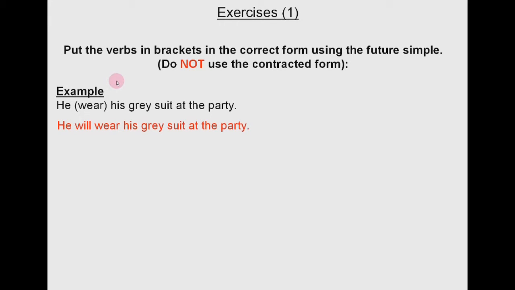Okay? So there are two questions. Question 1. So I'll just give you a few seconds to think of the answer. Okay, so I'm going to give you the answer now. I think it will rain tomorrow. The future simple.